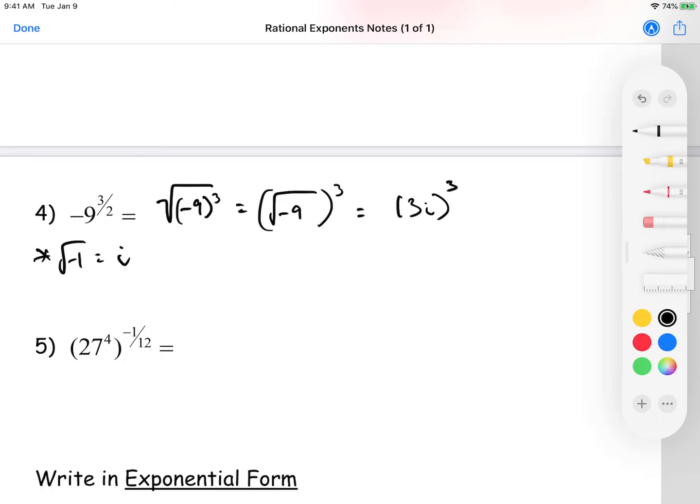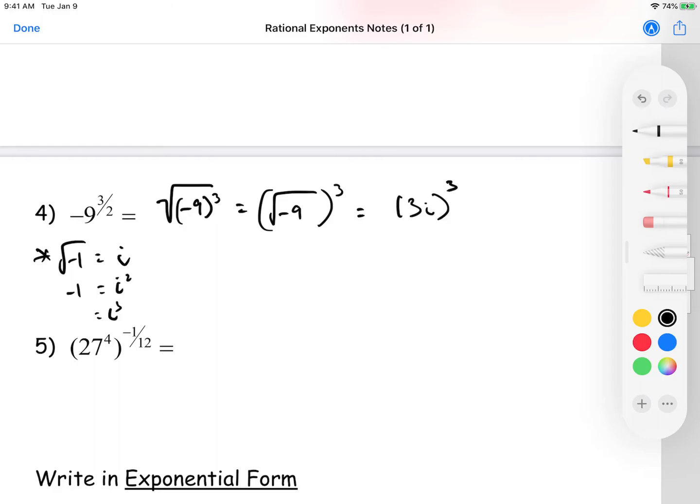And remember, if i is the square root of negative 1, i squared is equal to negative 1. What is i cubed again? Who remembers? Well, i cubed is a little bit different, but not really. It is going to be a negative number, but what's i cubed?